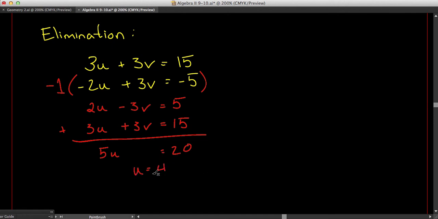So now I have a numerical representation of u. So now all I can do is take this and plug it back in pretty much anywhere. We can pick the first equation because it's all positive numbers. And if I do that, I get 3 times 4, that's u, plus 3v equals 15. Well, that's 12.